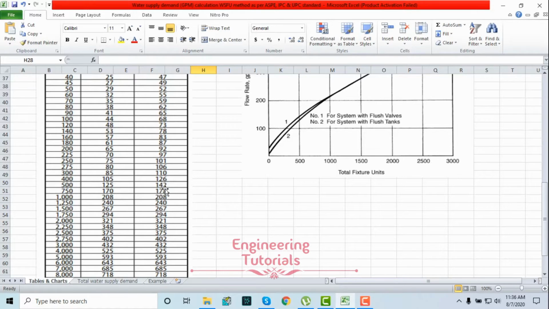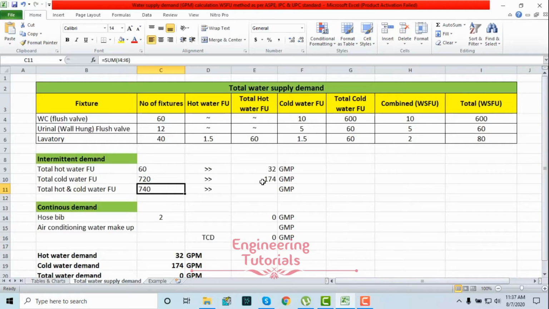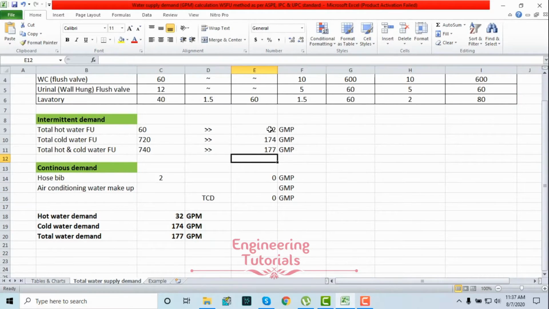Let's say we get 177 GPM. You can do interpolation to get the exact value. Right now I'm just writing the approximate value, that is 177 GPM. So this is our intermittent demand which we calculated in here.